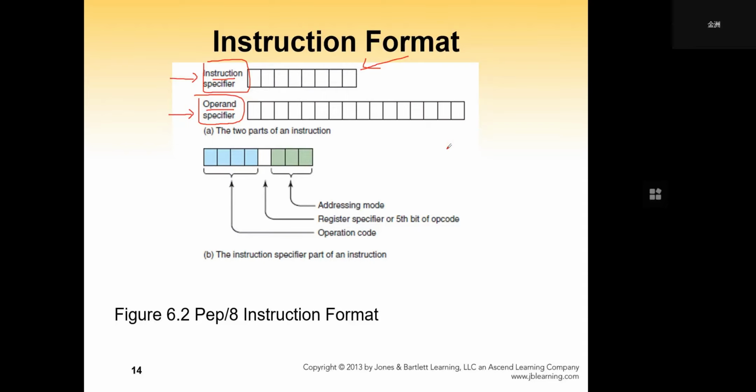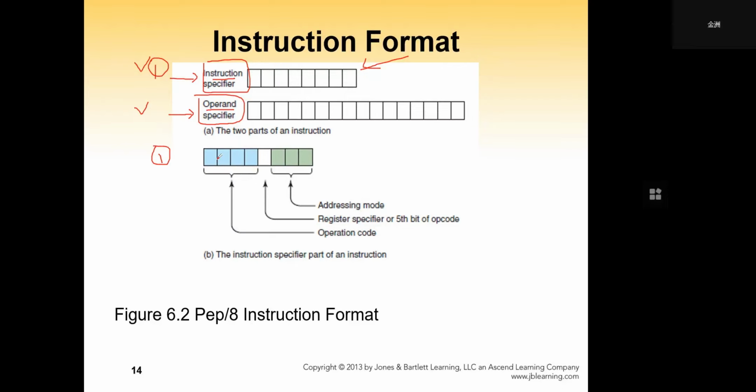So these are the 2 parts of how the instruction format is composed. And then we are going to learn about the first 8 bits, the instruction specifier, for the first part.